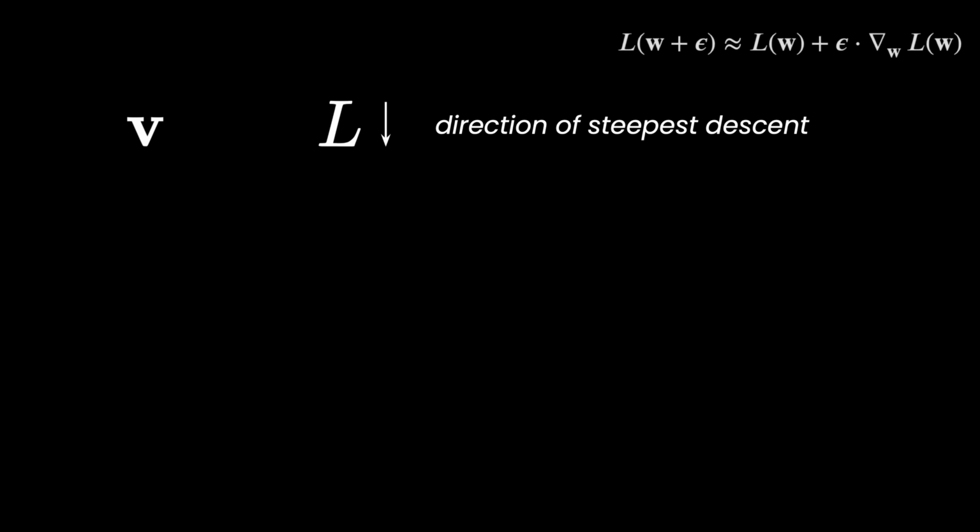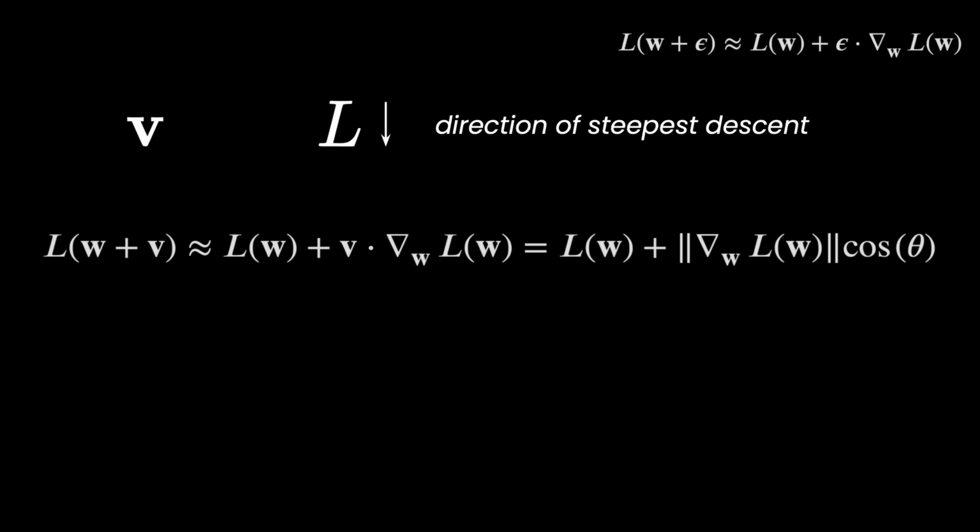To minimize our loss, we need to find a direction V that decreases L as rapidly as possible. We'll call this our direction of steepest descent. We can rewrite our loss function from the previous slide as this, where an infinitesimally small change epsilon is now replaced by an infinitesimally small change in direction V. On the right-hand side, we'll see that once again, we've used a dot product rule where we assume direction V has a magnitude of 1 to make our computation simpler.